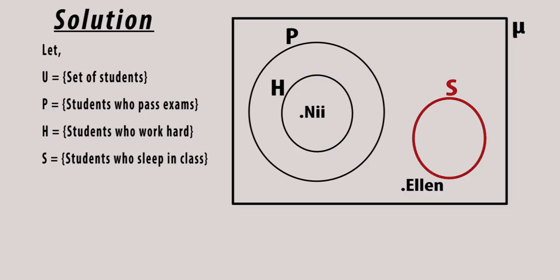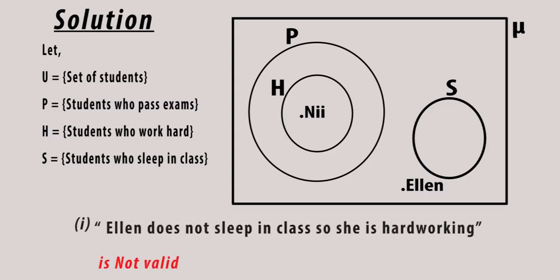And S, the set of students who sleep in class. Now, from the Venn diagram you can see on your screens, the statement Ellen does not sleep in class, so she is hardworking, is not valid. That is I.